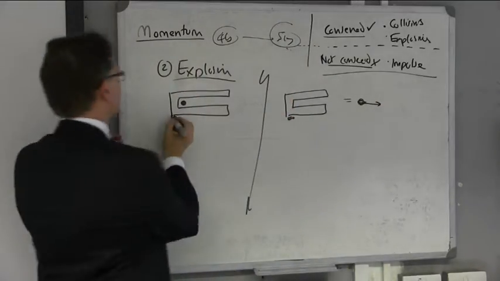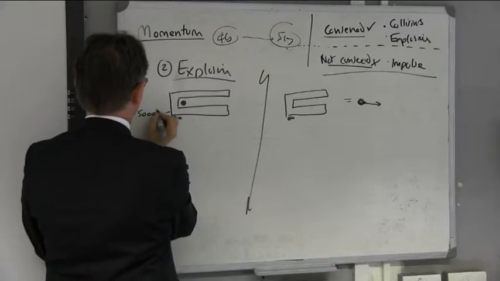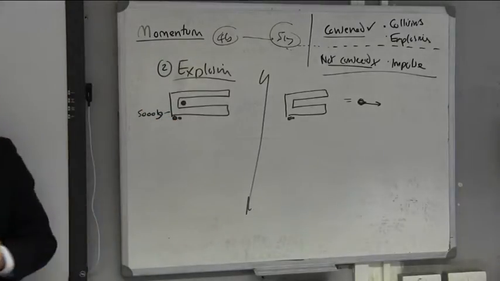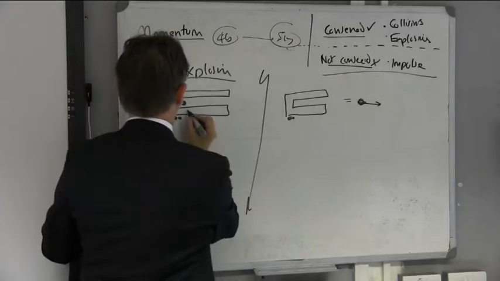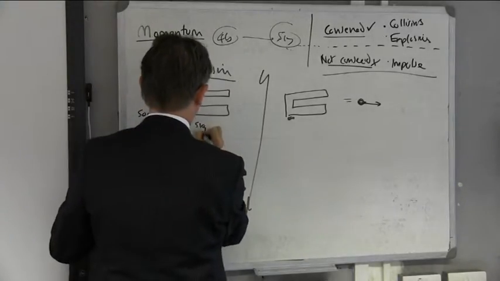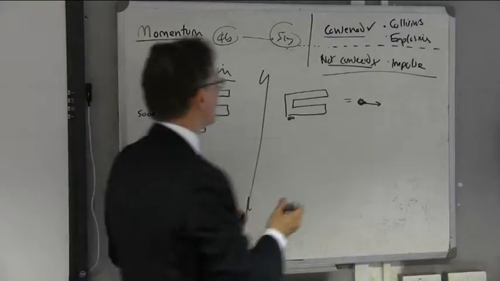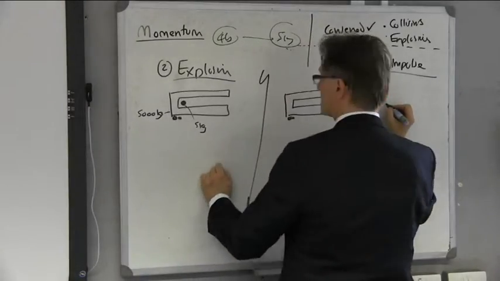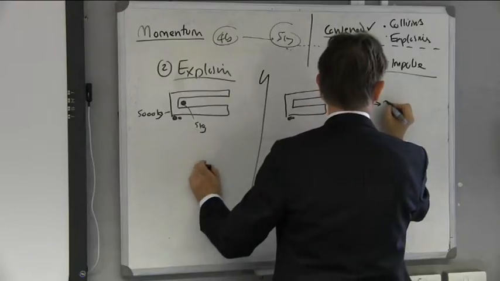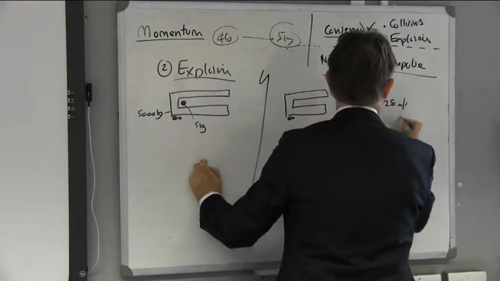Okay, let's put some numbers in. Let's have this as 5,000 kilograms. So a great big cannon. Let's have the cannonball a bit smaller, although it still hurt you if you hit in your head. 5 kilograms. All right. And let's have the cannonball going zooming off at, I don't know, very fast, 250 metres per second.